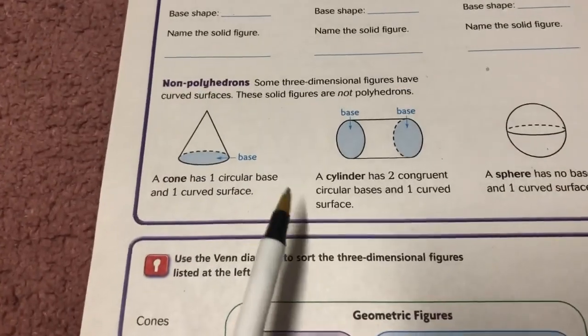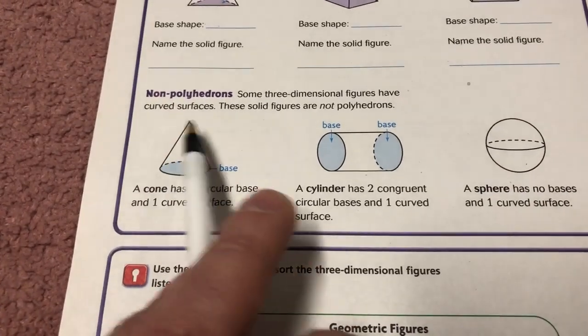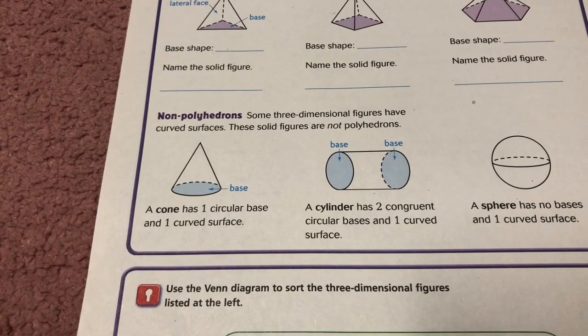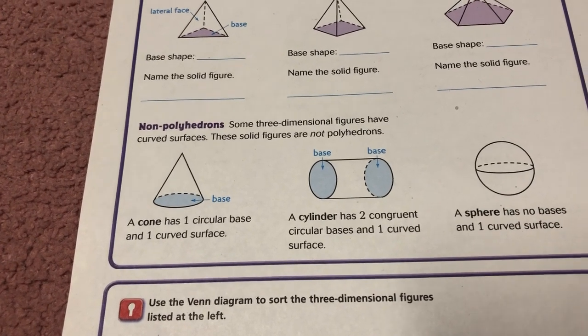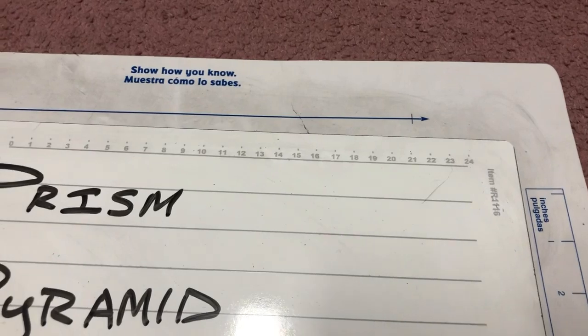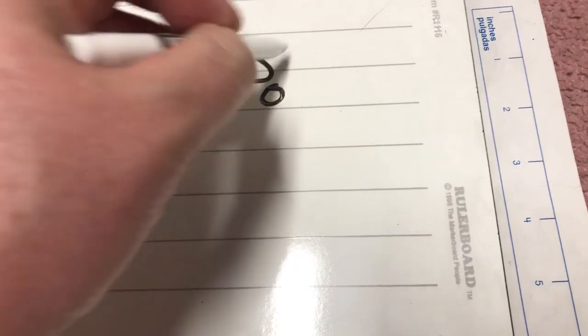All right? We're also going to be looking at some other figures today, what we call non-polyhedrons. Pyramids and prisms are known as what we call polyhedrons. Basically, a polyhedron has faces that are polygons, 3-dimensional figures. Okay, they have different bases.